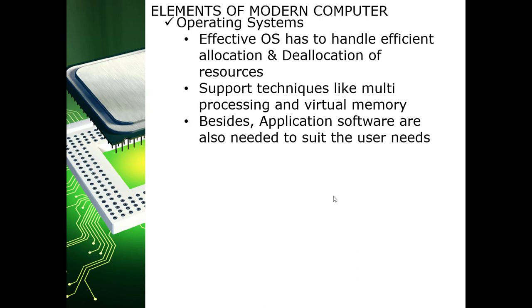Suppose there is a computer and an operating system; that would not be enough to satisfy the user need. A user needs a specific problem to be solved on a computer. The user cannot do that with only the OS and the computer. So one has to write a program, and for that programming process, an application software language is needed. Okay.